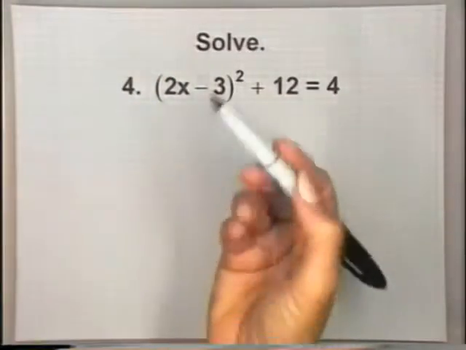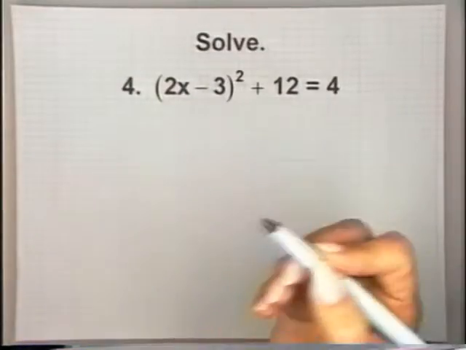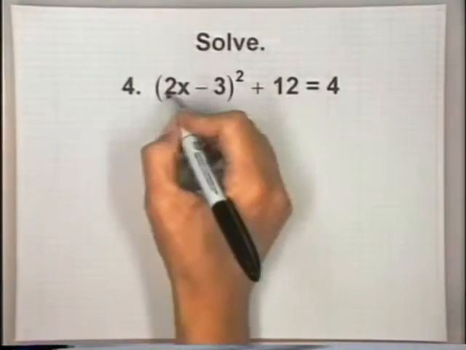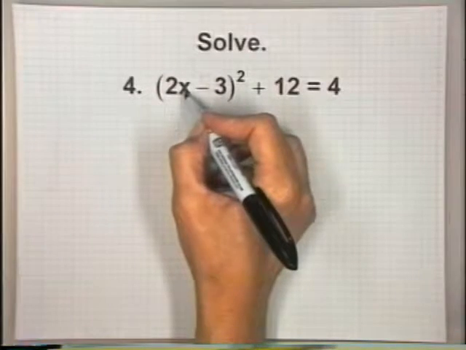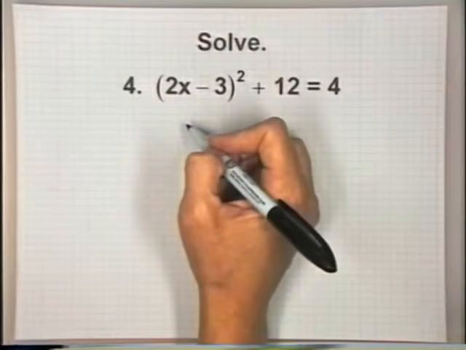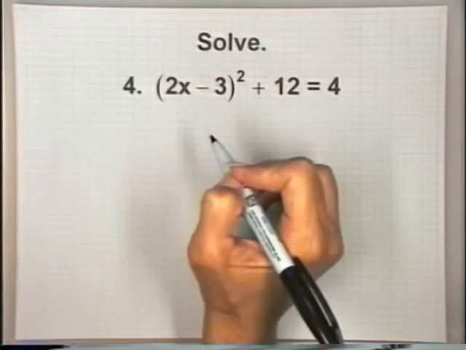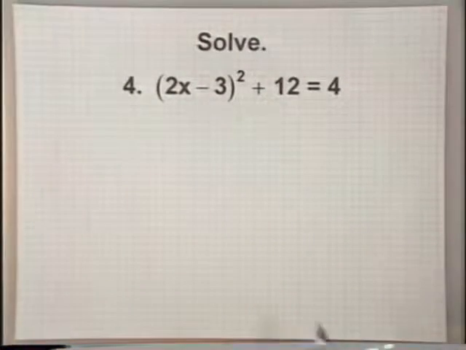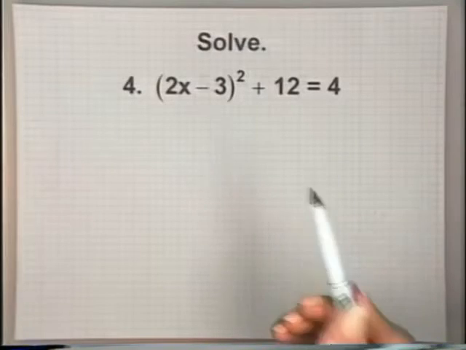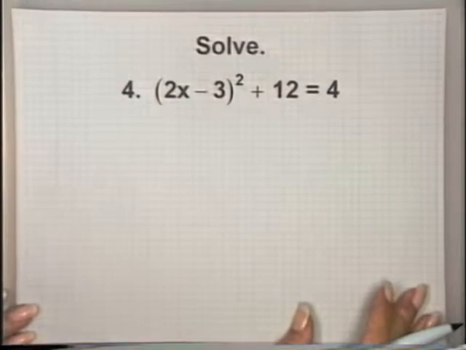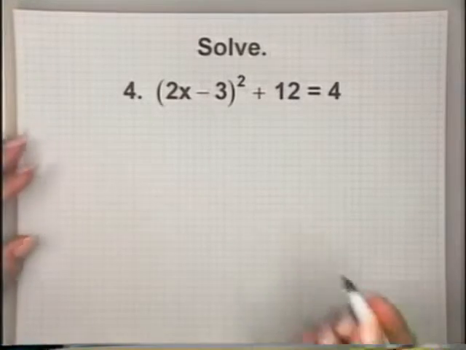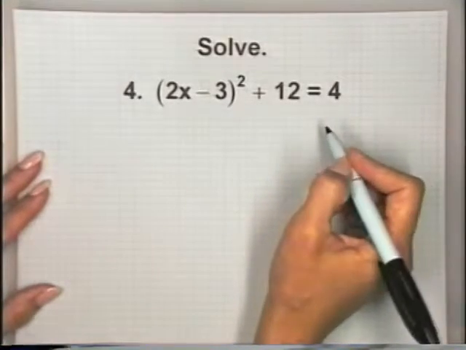Now, I hope that you're thinking, well, no, there's not an x squared term here, but certainly if I squared this out, when I say 2x times 2x, I get 4x squared, so it is quadratic. If I squared it out, I would have that quadratic term. But like I said, I do not want to do that in this case because I think there's a quicker way of solving this quadratic equation.